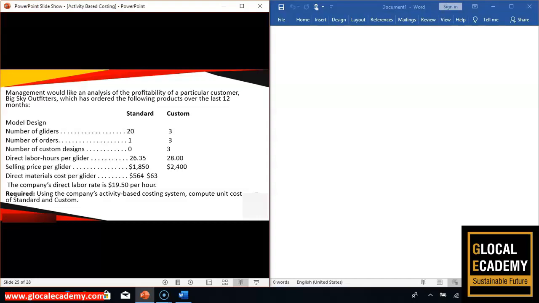And then we are given some information about the 2 products, standard and custom, and their activity measures in terms of the number of products, number of orders, number of custom designs, labor hours, selling price, material cost, and the direct labor rate. Now the requirement is, using activity-based costing, compute the unit cost of standard and custom.